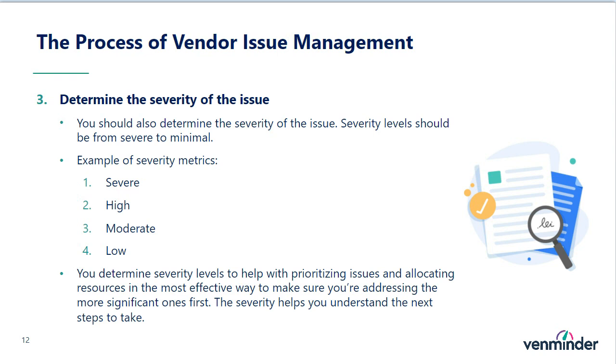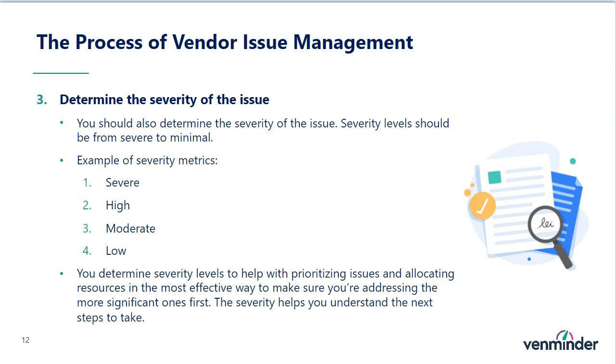But severity metrics don't have to be overly complicated. It could be three or four levels here. I've personally used severe, high, moderate, and low. And you might have severe issues where there's a potential for an immediate impact to your operation or critical functions.